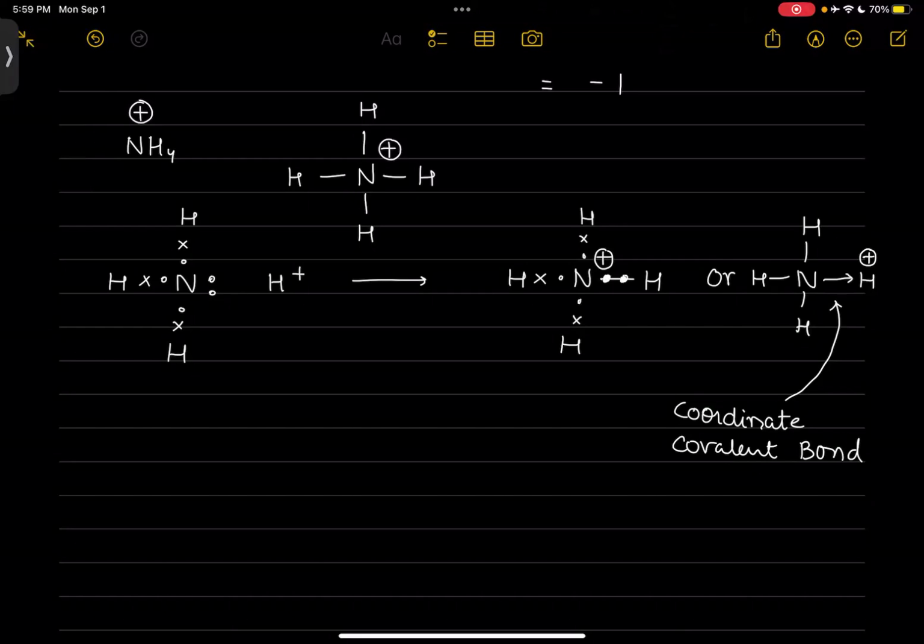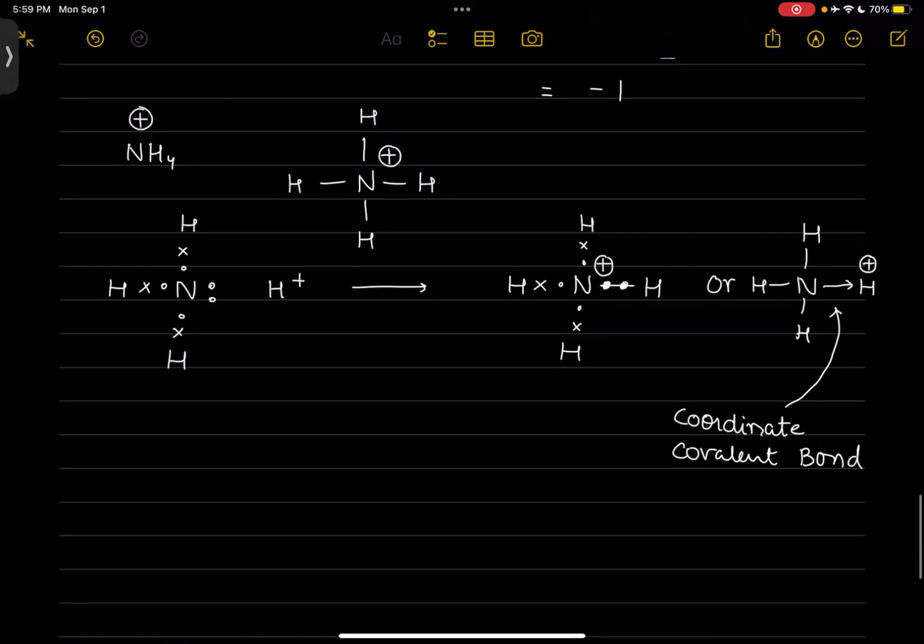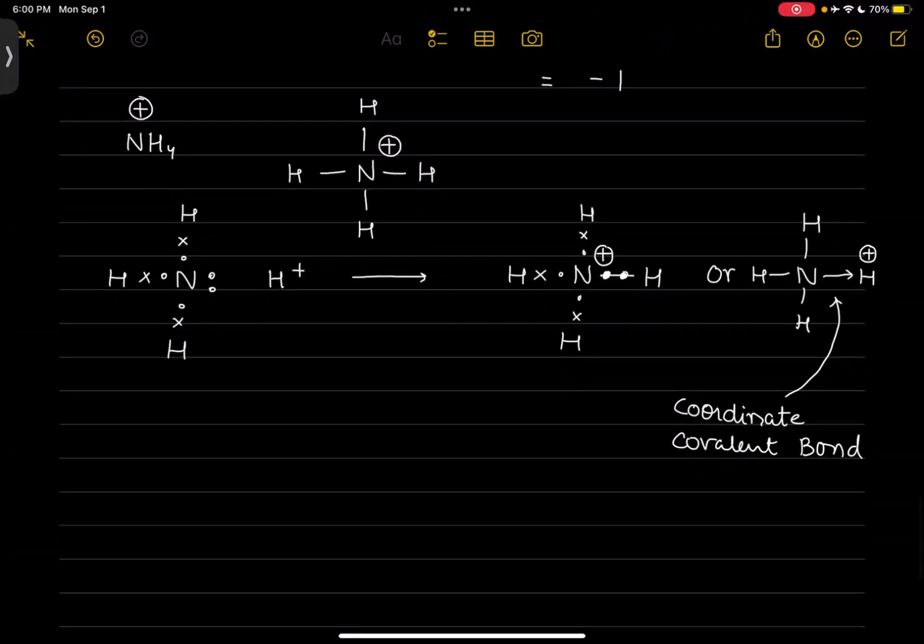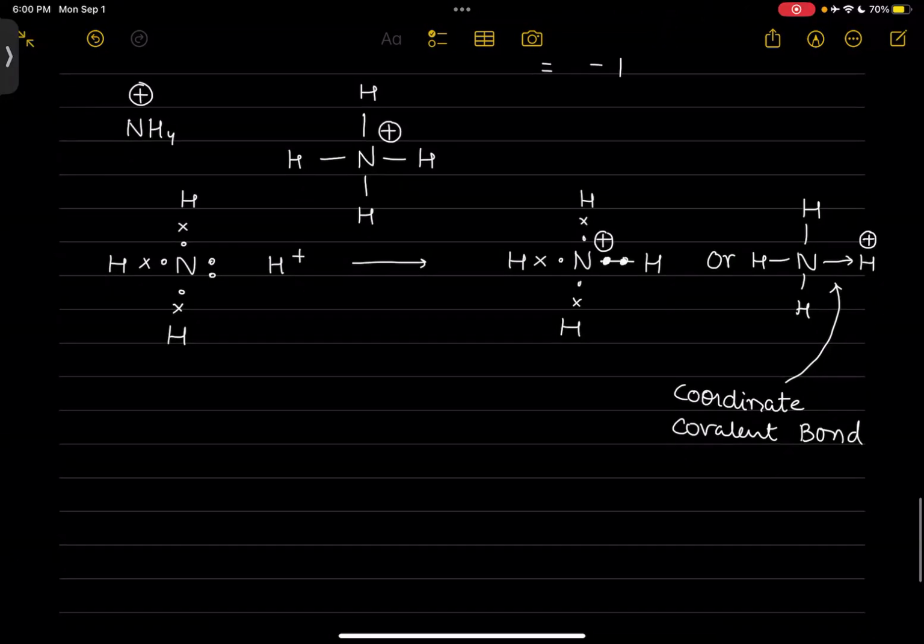So the atom whose octet is complete will share its electron pair. Both the electrons of the pair are shared by that atom only. So that is how the coordinate bond is formed. Both electrons are contributed by one atom only.